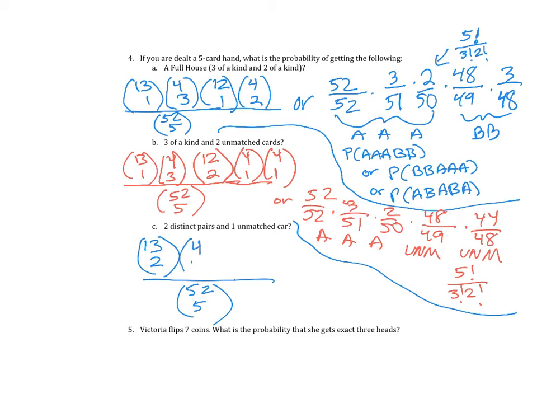From the first rank, there are 4 cards, and I want 2. Same from the second of those ranks. Now I have 11 ranks left, and I just want 1 of them for my unmatched card. There are 4 cards in there, and I want 1 of them.